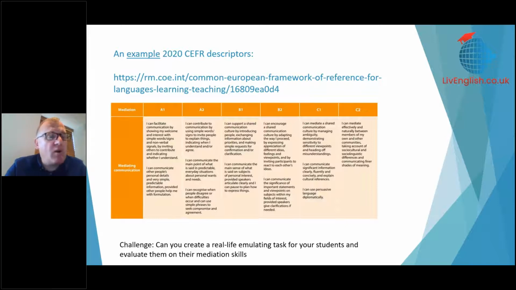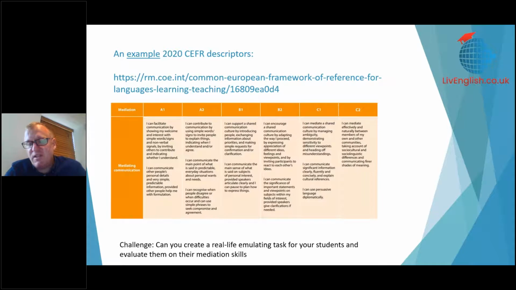This is just one example in the mediation sphere, looking at mediating communication from A1, so let's call it a very beginner or very basic user of the language, all the way to C2, where you can say, I can mediate effectively and naturally between members of my own and other communities, taking account of social, cultural, and sociolinguistic differences, and communicating finer shades of meaning.